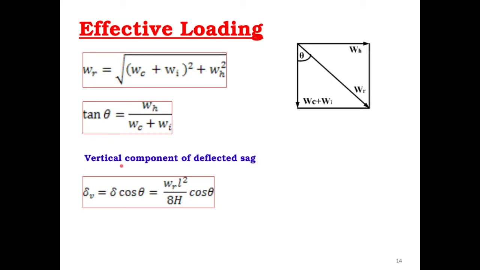And sometimes we need to know the vertical component of sag, because now the sag is not going to be vertically downwards, it will deflect because of the presence of wind loading which is acting horizontally. So we get the effective loading on the conductor considering the conductor weight, ice loading, and wind loading. Is that clear?